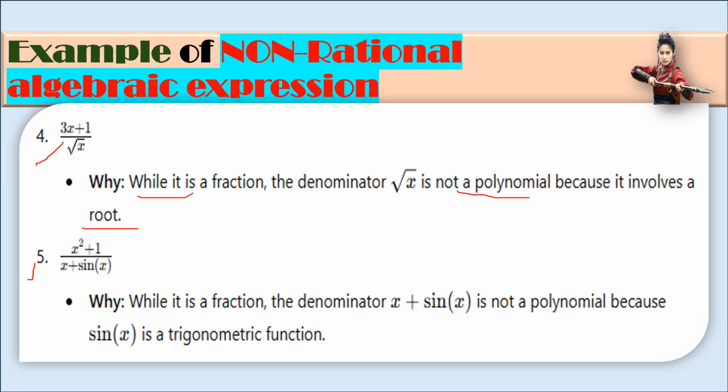Why is it considered a non-rational algebraic expression? While it is a fraction, the denominator, x plus sin of x, is not a polynomial because sin of x is a trigonometric function. Take note of these examples.